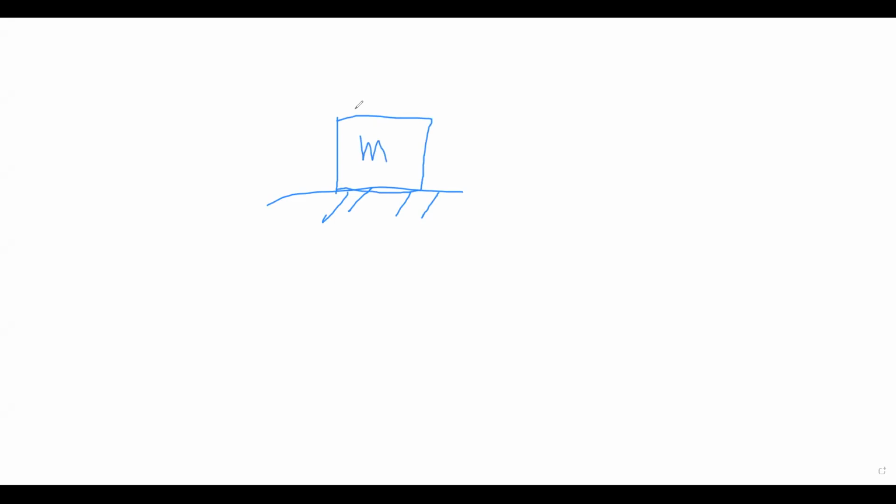third law. Newton's third law is for every action, there's a reaction. So when there's a force acting on this object, there's a direct force.